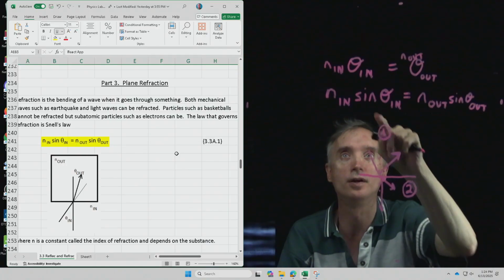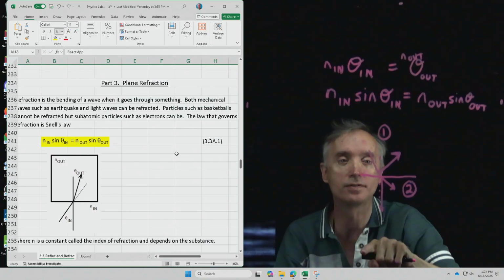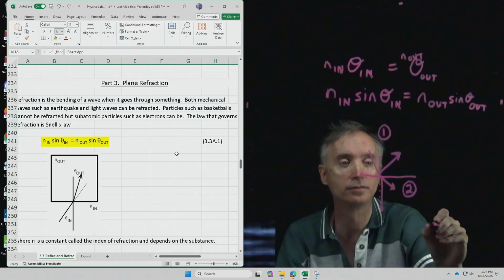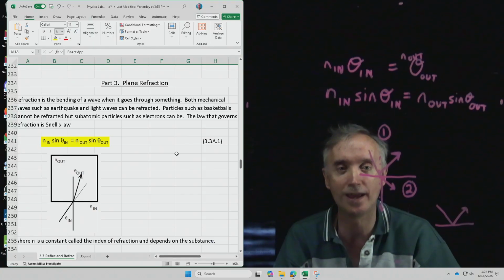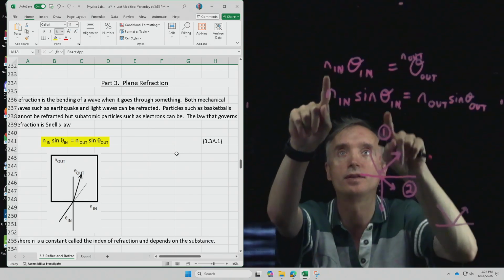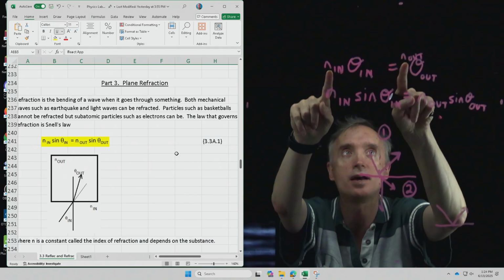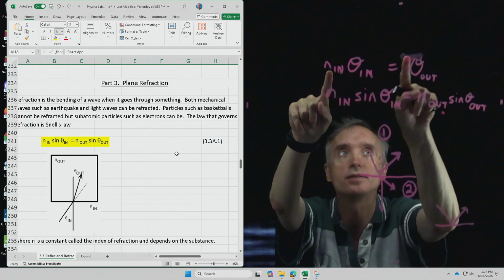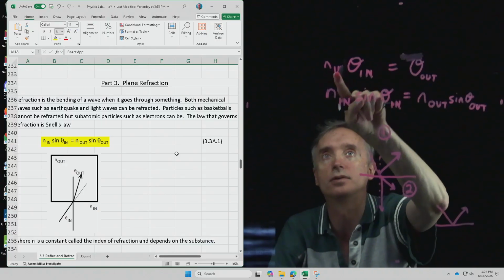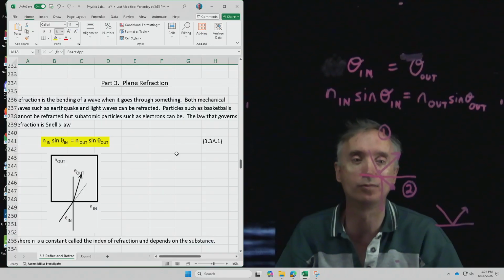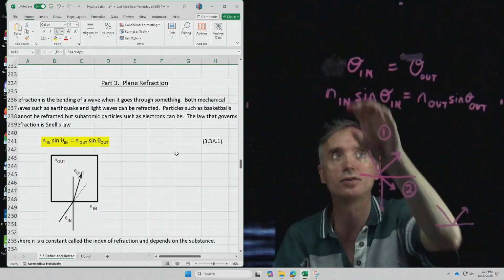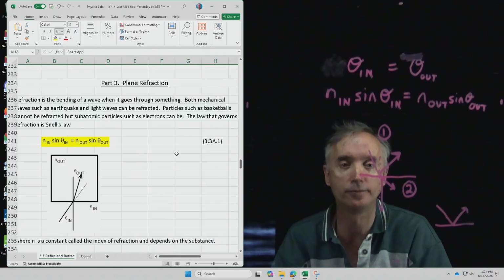But what do you know? It's the same substance. So if it's a mirror, this is air, and then it goes back into air. So that would mean that these two things are exactly the same, which would mean that they would cancel out. We could do it that way, but we're not going to. So this is a much easier way of looking at it.